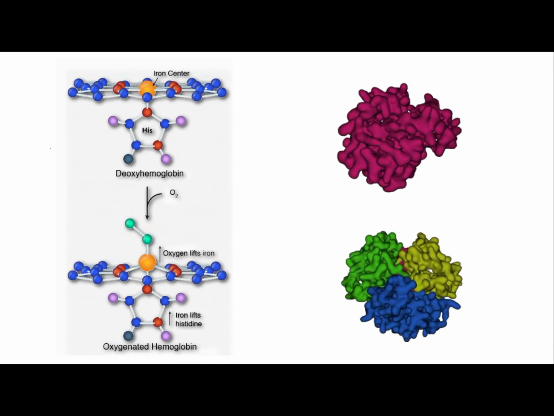On the left, you can see the histidine is bound to that nitrogen and the iron, the iron in the heme core. When oxygen binds, the oxygen lifts that iron up, and that in turn pulls on this histidine residue, and that's going to lead to these little changes that we're talking about.